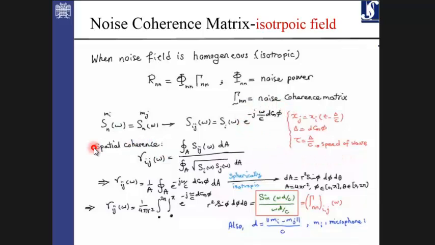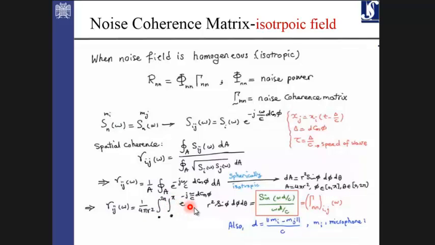Now the spatial coherence is actually the integration over the entire area of the cross power spectrum between these two microphones, normalized by their power spectrums. Because we have the spherical isotropic property, you can apply dA, and we know that A is a sphere with 4πr², and phi and theta are the angles taking values from 0 to pi and 0 to 2 pi.